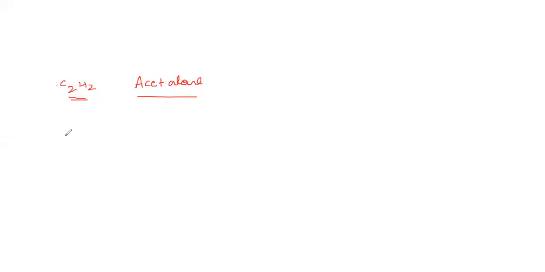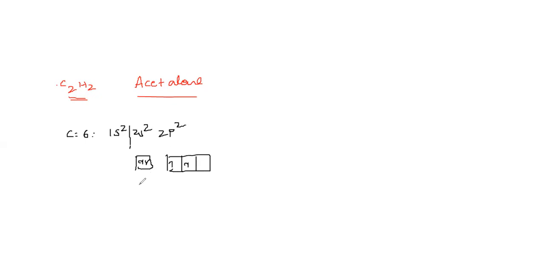So listen, carbon's atomic number is 6. The electronic configuration is 1s2, 2s2, 2p2. This is the excited state now. Here 2 electrons, and here one electron, two.